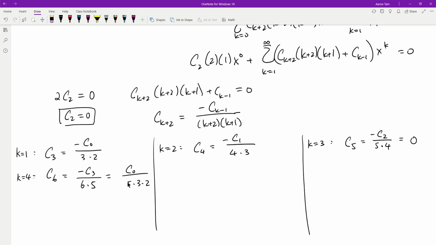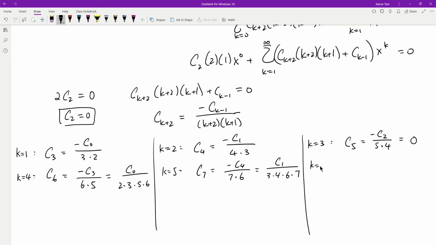Actually, I'm going to write it in ascending order: 2 times 3 times 5 times 6. When k equal to 5, we generate c sub 7, equal to negative c sub 4 over 7 times 6. That comes out to be positive c sub 1 over 3 times 4 times 6 times 7.